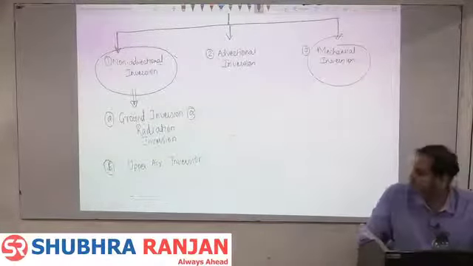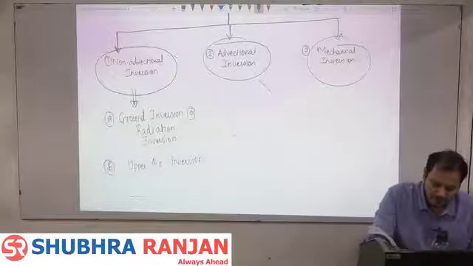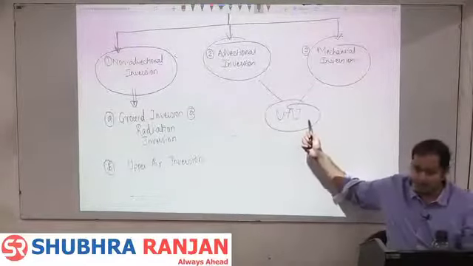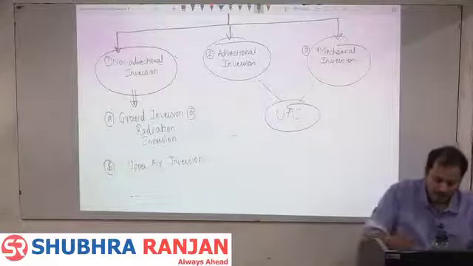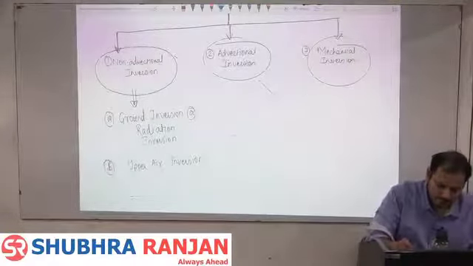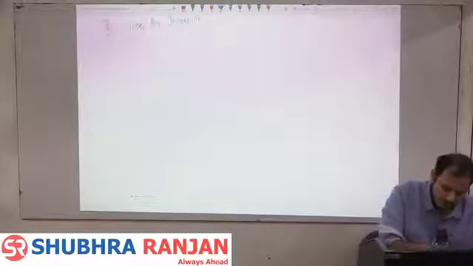Here also there is an upper air inversion. In advectional inversion too there is an upper air inversion. But the difference is, here there will be movement of air, here there will be no movement of air. Fine. So initially, ground inversion.